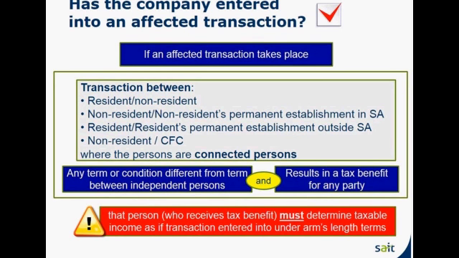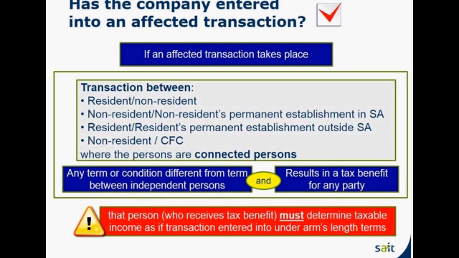If you have an affected transaction, so you've got a transaction between taxable and non-taxable connected persons, with a term that is different from what independent persons would have agreed to, and so a tax benefit is obtained in South Africa from that, the person who gets the benefit must complete the ITR14 form as if the transaction was entered into on arm's length terms. So you're basically going to adjust all your terms, including the price, to what the price would have been had the transaction taken place at arm's length.